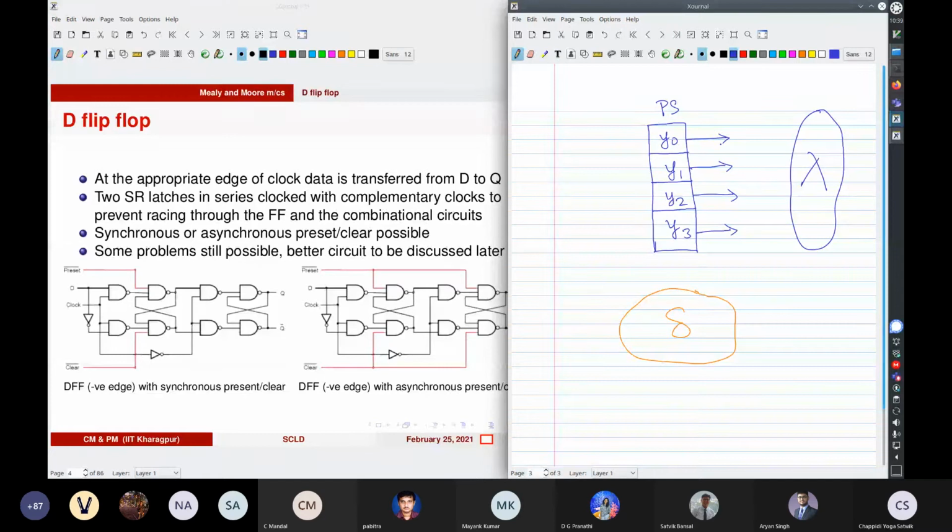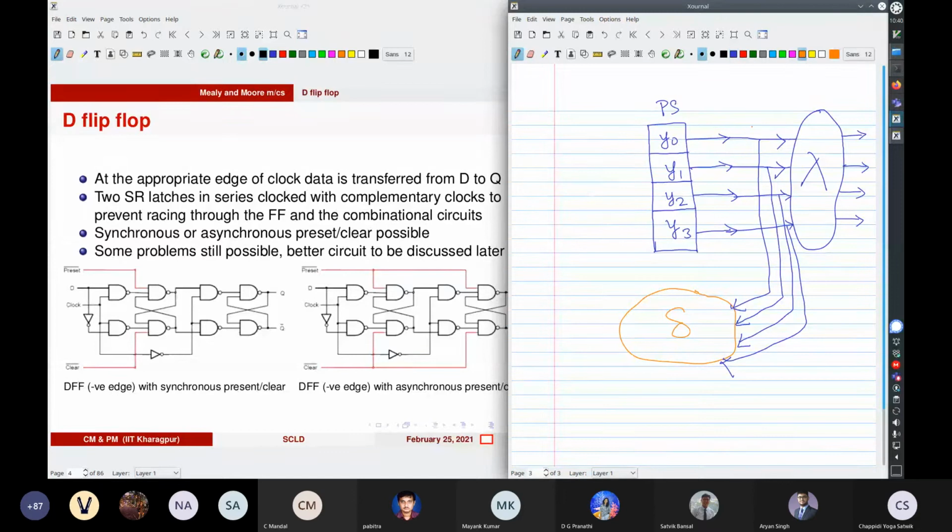Your state variables are going to both places. They go to the transition function, and they also come to the output function. So these are your outputs.